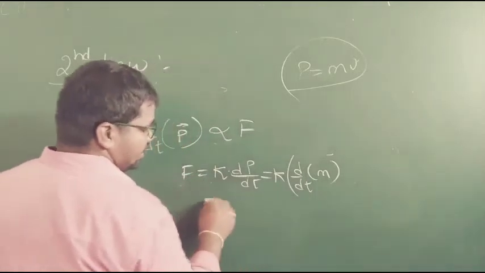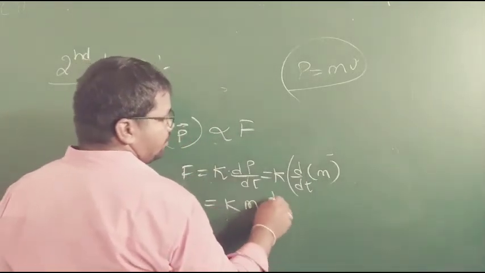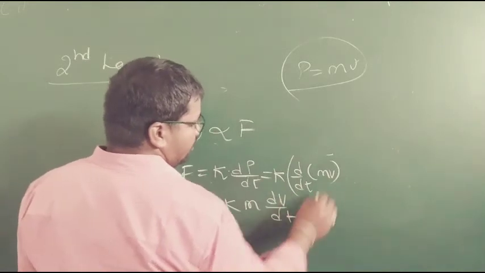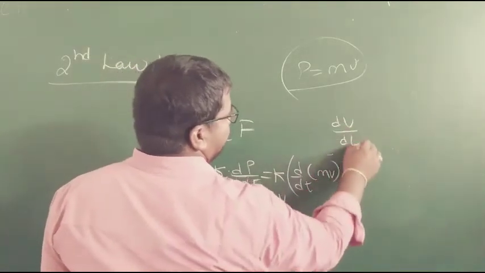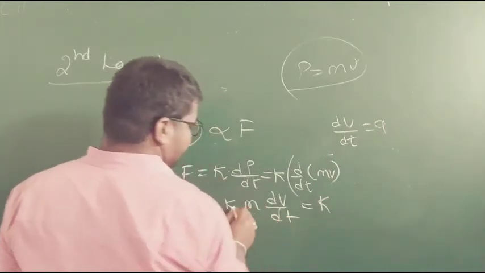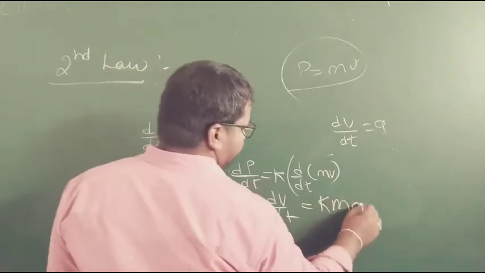Mass is constant here. k into m into dv by dt. So what is dv by dt? Yes, acceleration. So finally we get k into m into a.